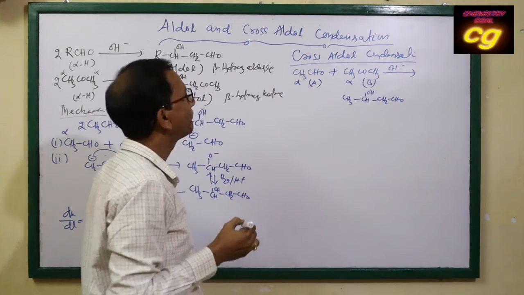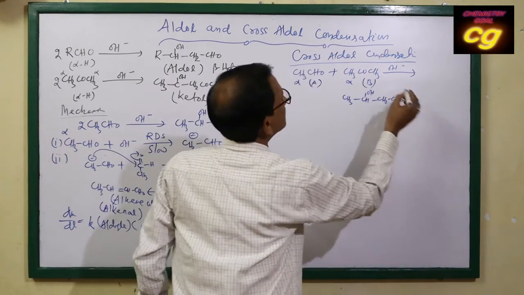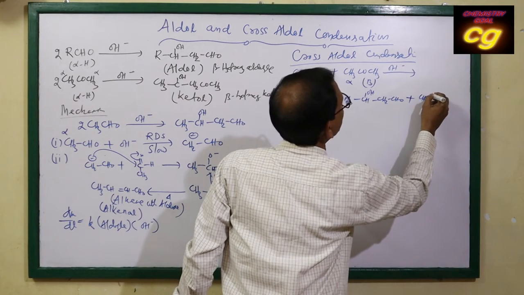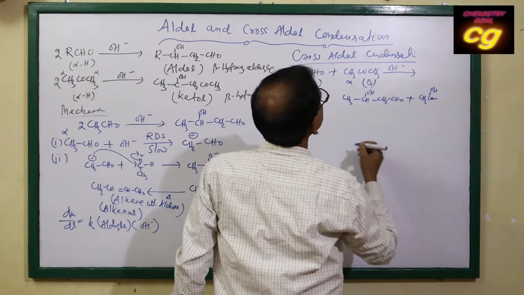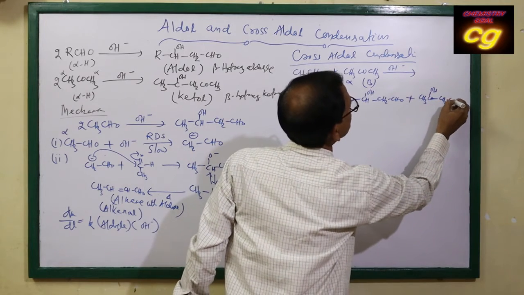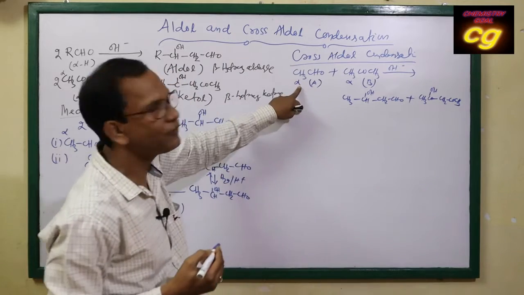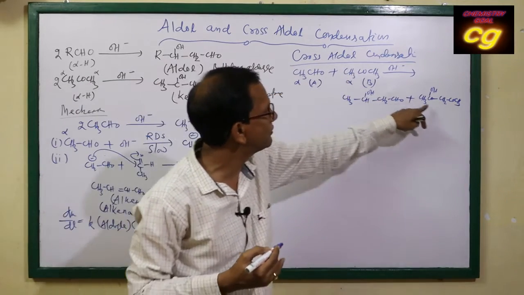This product is formed. If you take B, the product will be CH3, C with O becoming OH, then CH2COCH3. This is your second product, the self condensation of aldehyde and self condensation of ketone.